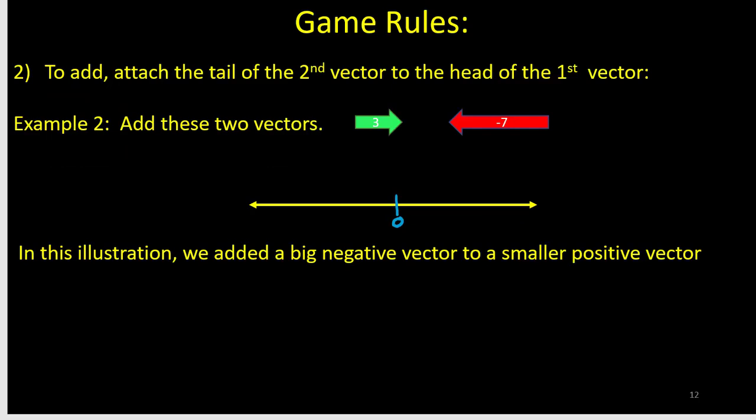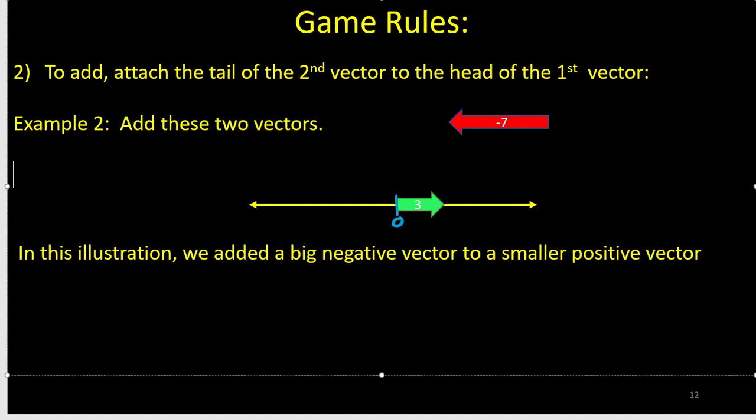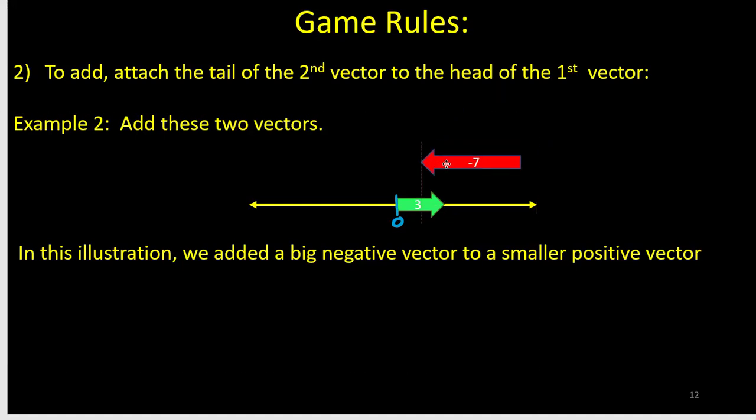You can even add negative vectors to a positive vector. Here's an example of that, and we do it exactly the same way. You always place the blunt end of the second vector to the sharp end of the first. So I'll grab this positive vector here, put him right there by the 0 point on the number line. But this time looks a little bit different.